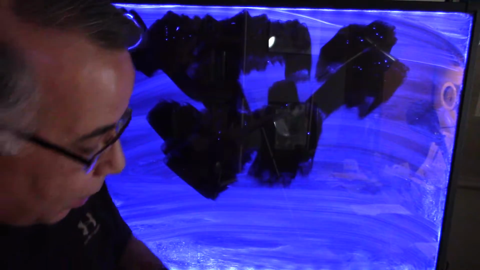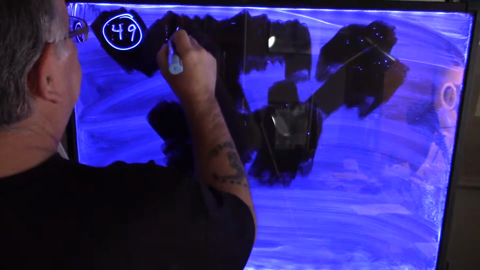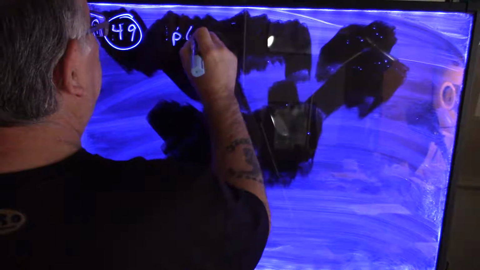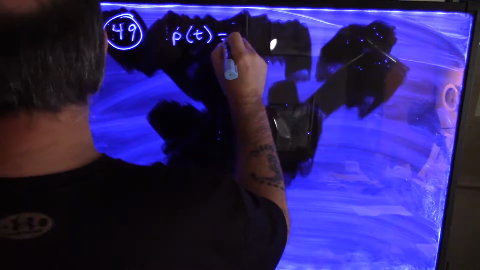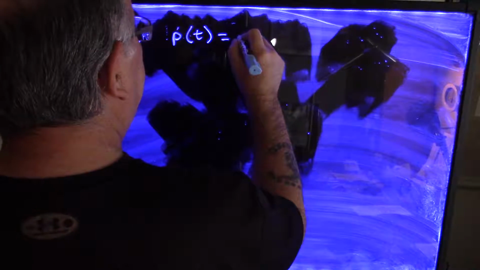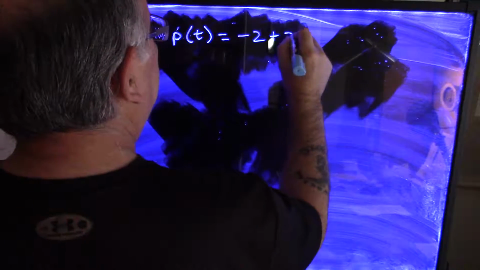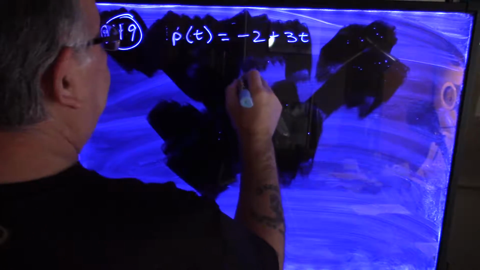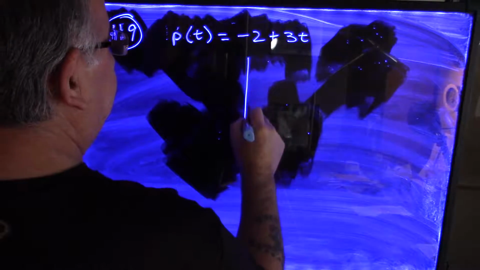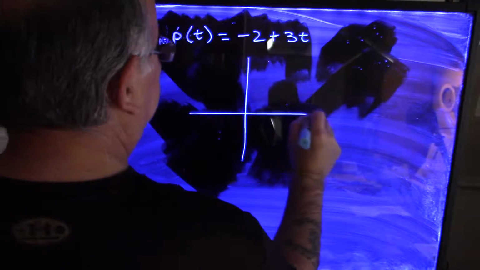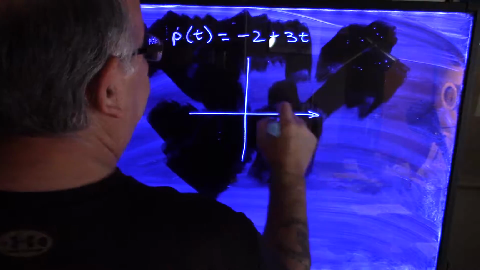Number 49, we have P of t is equal to -2 plus 3t. Alright, so let's draw in a set of axes. This time we have a t-axis.